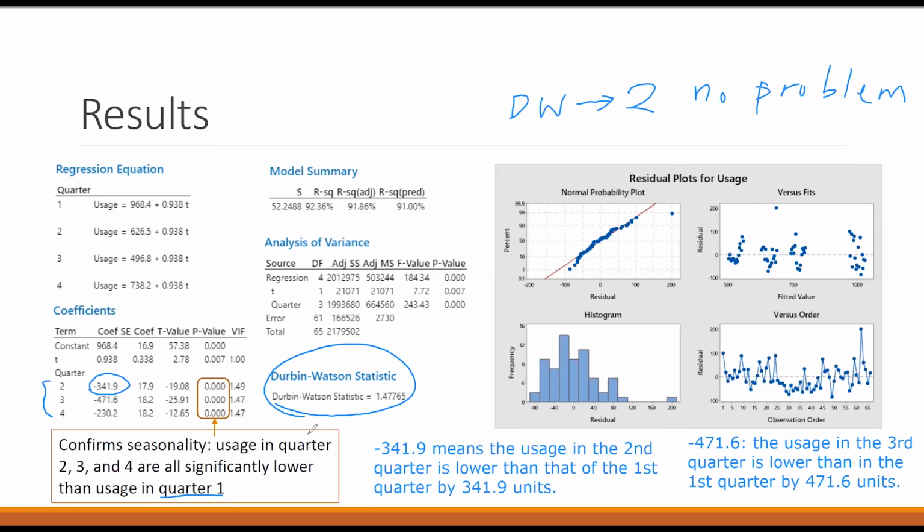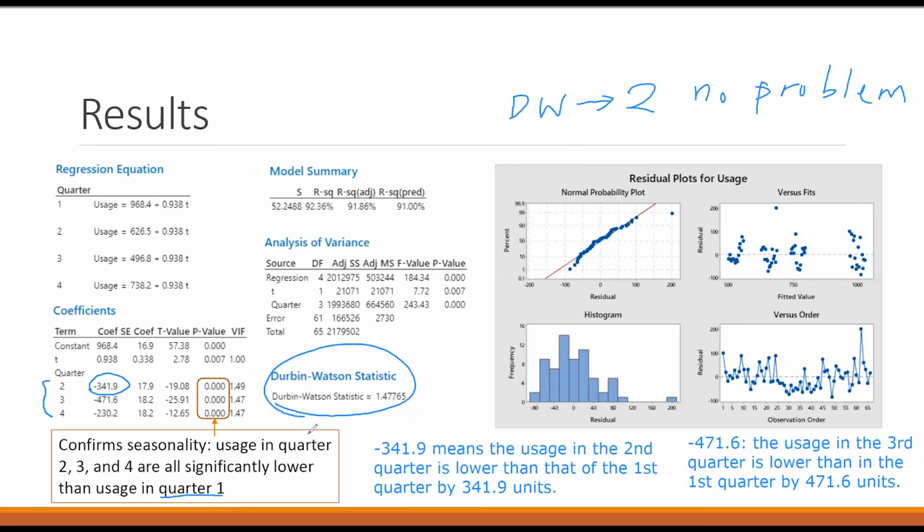And in particular, one reason is that although we're using time series data, we did use dummy variables to capture the seasonality. So to that extent, we kind of controlled for the time series flow there. That's why the Durbin-Watson statistic is not showing us any issues.